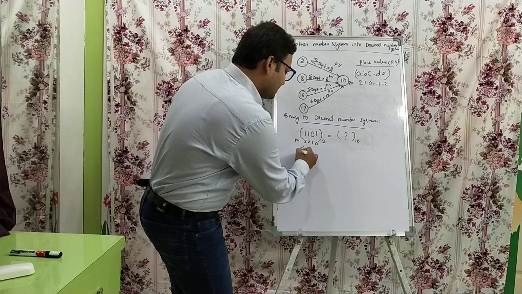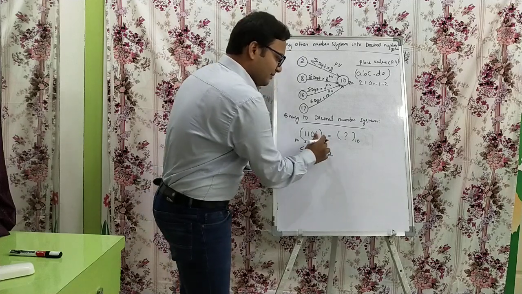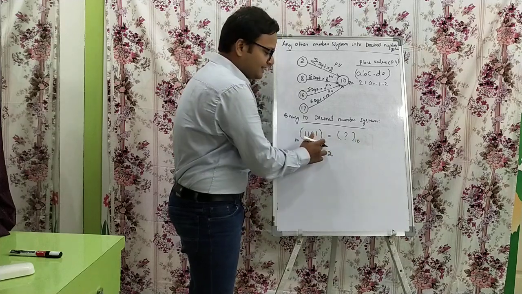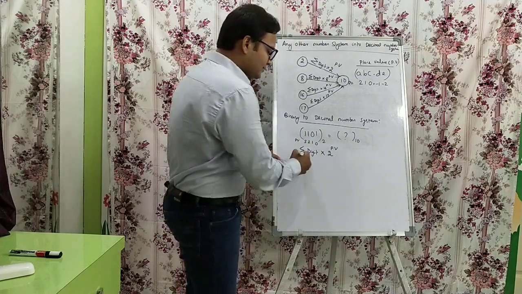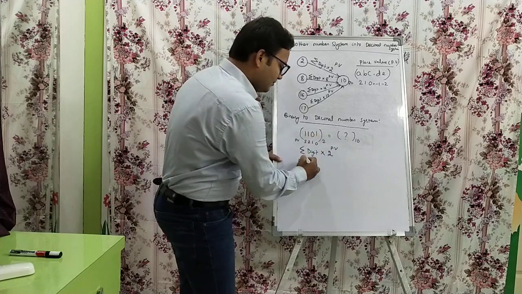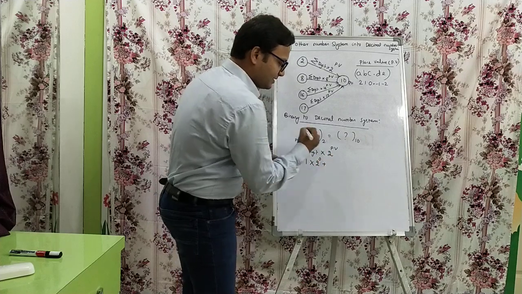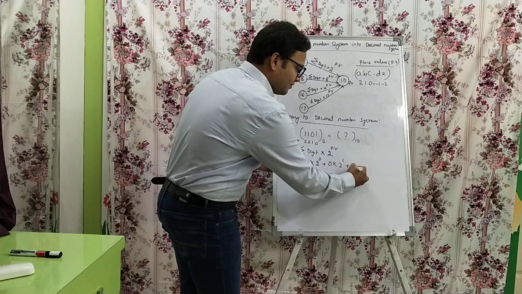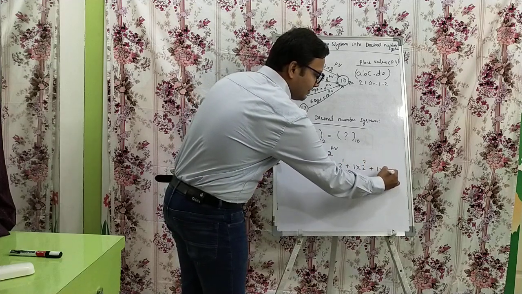So what is the formula? Digit multiplied with the radix, the same number system base, to the power place value. You have to start from the leftmost digit. 1 multiplied with 2 to the power 0, plus 0 multiplied with 2 to the power 1, plus 1 multiplied with 2 to the power 2, plus 1 multiplied with 2 to the 3.